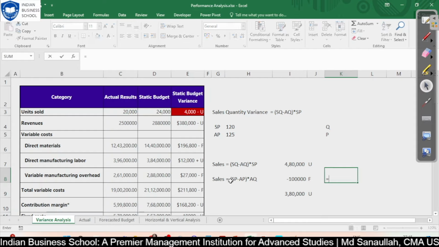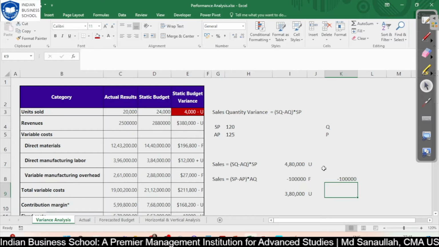What is our selling price? We'll give a bracket, then select selling price minus your actual price and then multiply by actual quantity. So this is our actual quantity, multiplied by actual quantity.